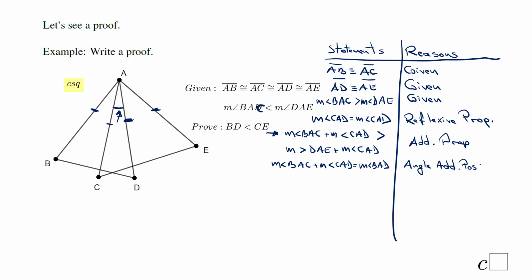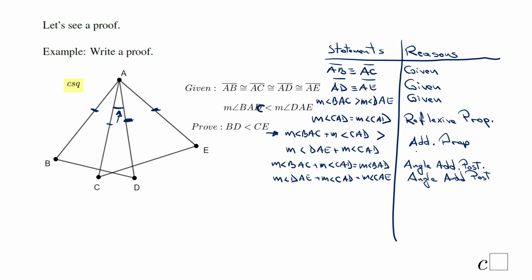You can add in both ways. And we're going to write the same thing about the right side. Here we have the measure of angle DAE plus the measure of angle CAD, the second group, right? That will be the measure of angle CAE. And it's the same reason, angle addition postulate or protractor postulate.